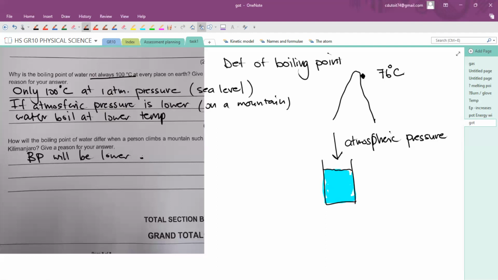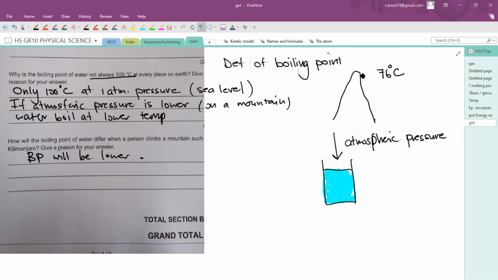Therefore, the water will boil at a lower temperature, because the elevation is higher than sea level. The pressure will be lower and therefore it will boil at a lower temperature. You've got that, Calvin? Do you understand that? Yes, sir. Okay, so I don't need to write that down.